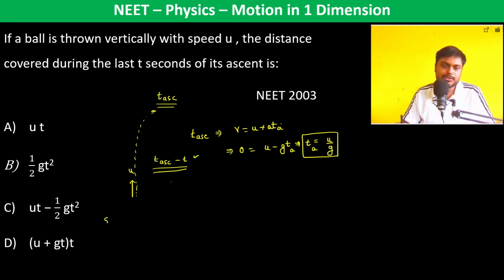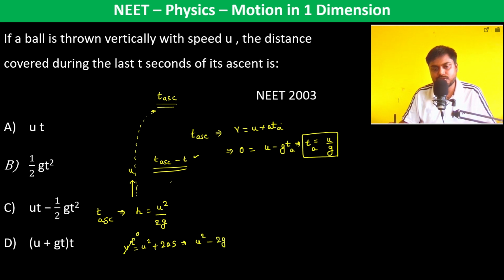At t ascent, the height reached is equal to u square by 2g. How did we get this? By v square equals u square plus 2as. The final velocity is 0, so u square minus 2gh equals 0. Therefore h is equal to u square by 2g.